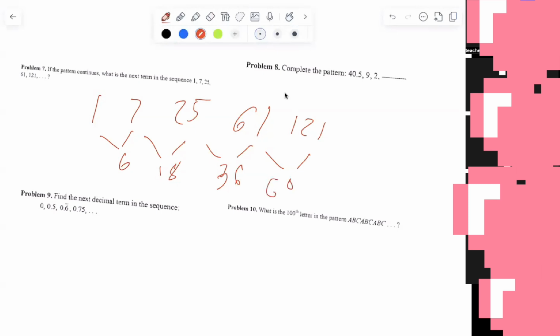And then from there, you can subtract one more time. From there, subtraction gives you 12, 18, 24.